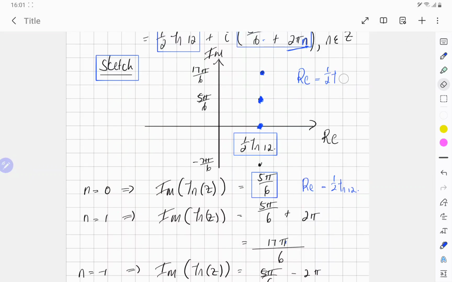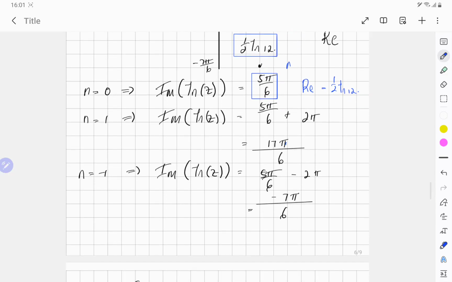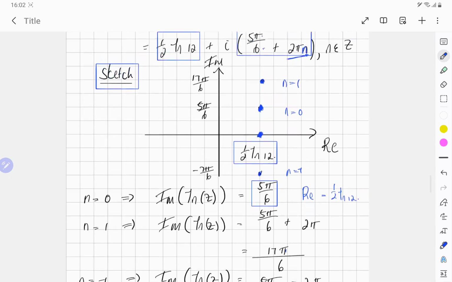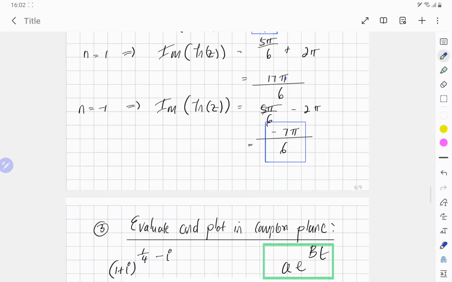This is when n is 0, this is when n is 1. If n is negative 1, I will get negative 7 pi over 6. Hence on my vertical line, the imaginary values will differ, but the real part stays the same.